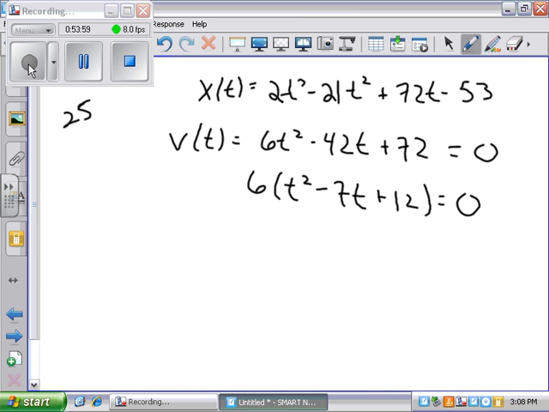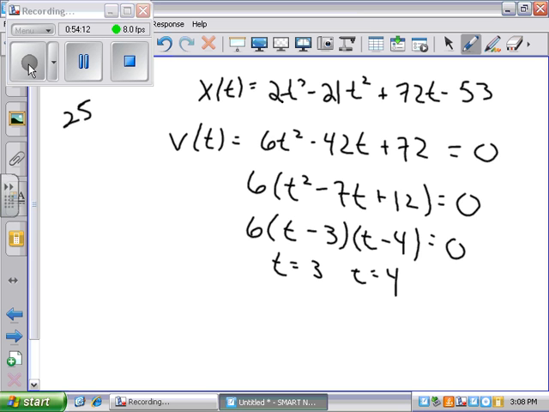Two numbers that multiply to positive 12 and add to -7. That's them. Easy. Alrighty, 3 and 4. Choice E.